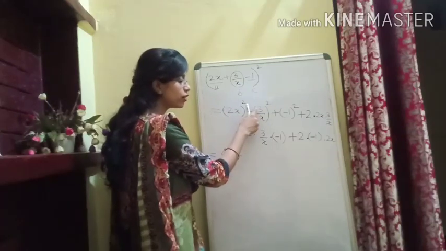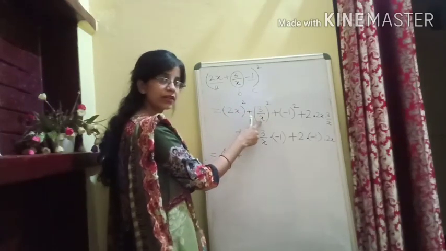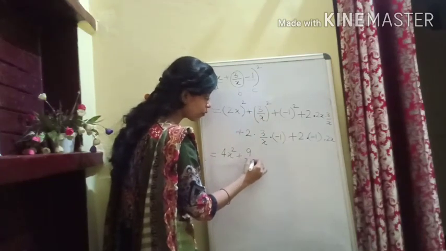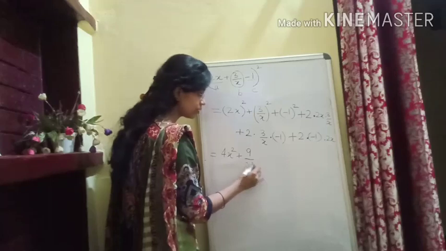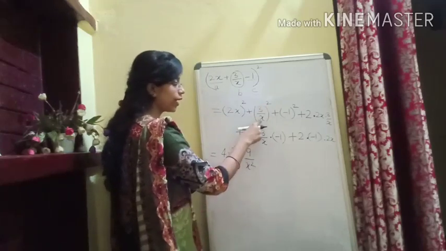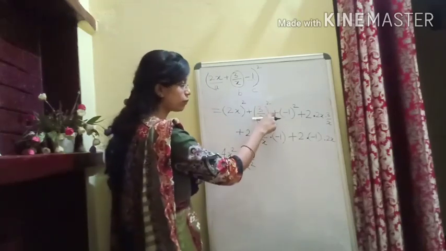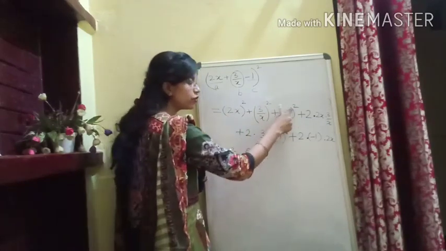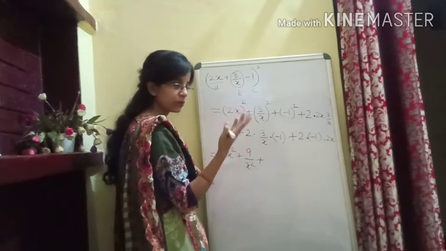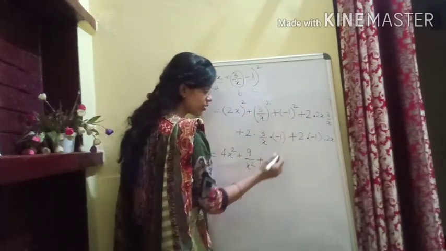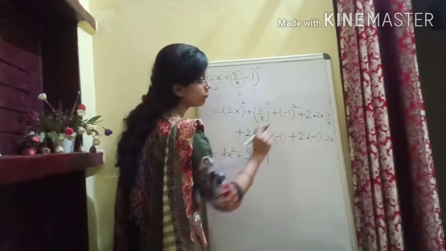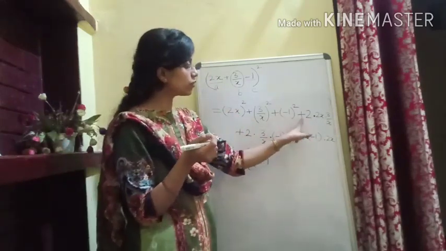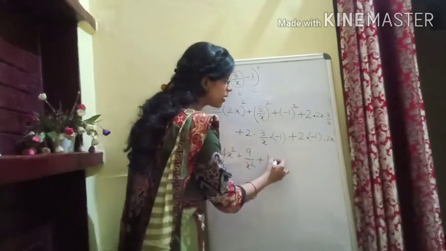So it will be 9 upon x square. Now plus, what is the square of minus 1? If you square minus, it becomes plus, and the square of 1 is simply 1. Now if we multiply these terms, we have to multiply the signs also. Here only one sign is there, plus, so we write plus only.